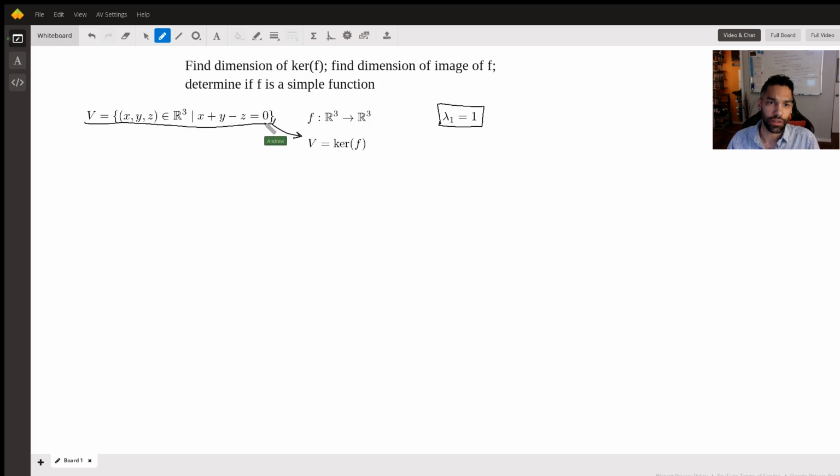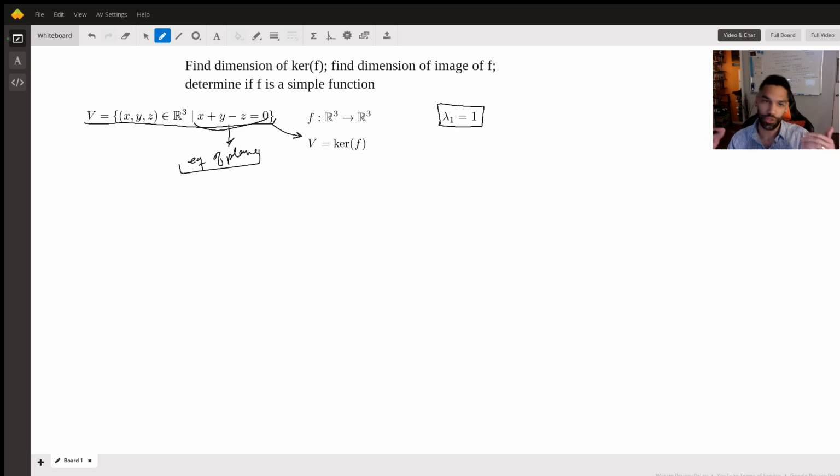All right, so in terms of the kernel of f, we just have to look at how this is defined. This is all x, y, and z in R3 such that this is true, which means we have to notice that this is the equation of a plane. That tells you the plane is mapped onto the 0 vector.